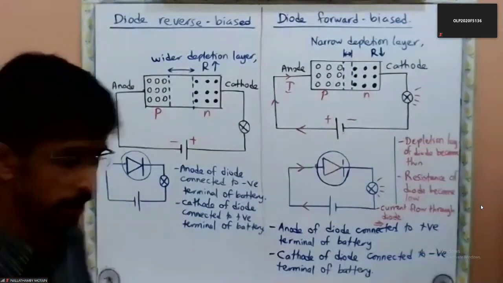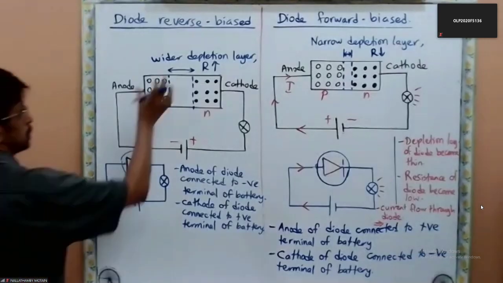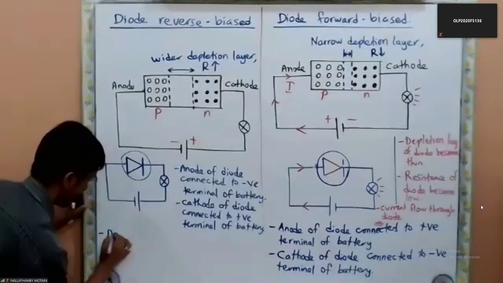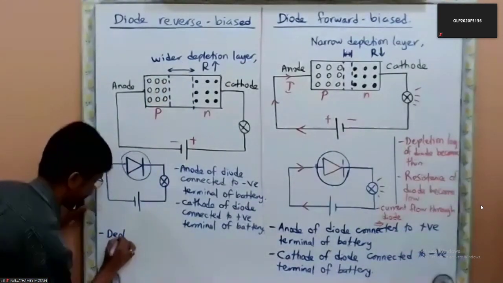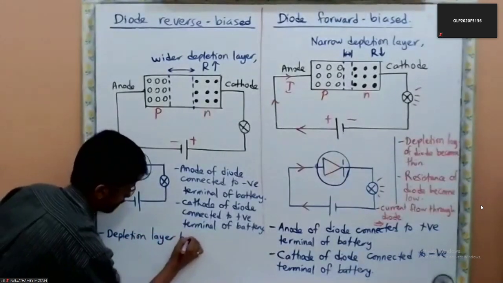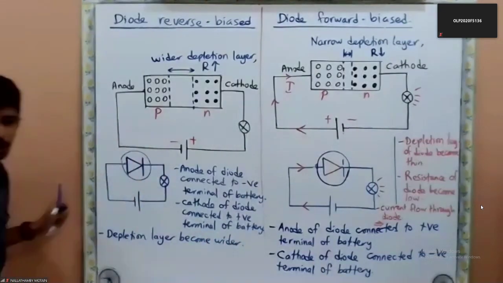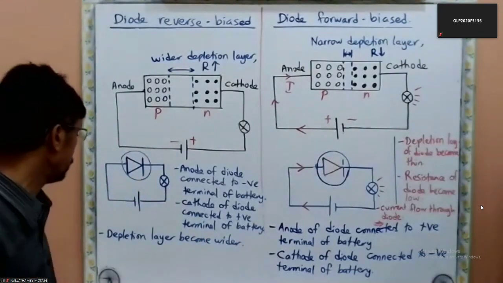Okay, positive terminal of battery. Depletion layer becomes wider, or thicker also can.